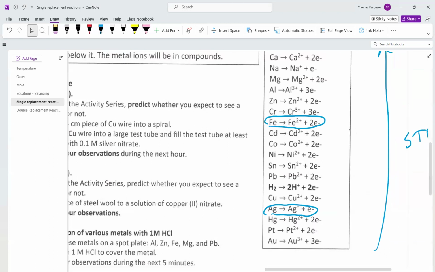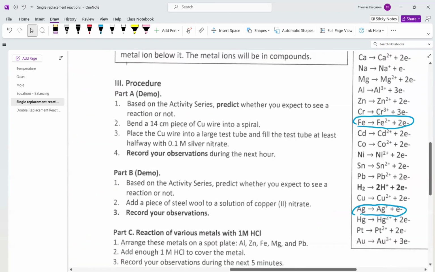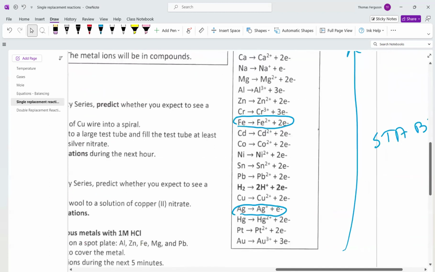That means iron likes to get rid of 2 electrons and form Fe2+. Silver wants to lose an electron, but it's lower. So iron wins.